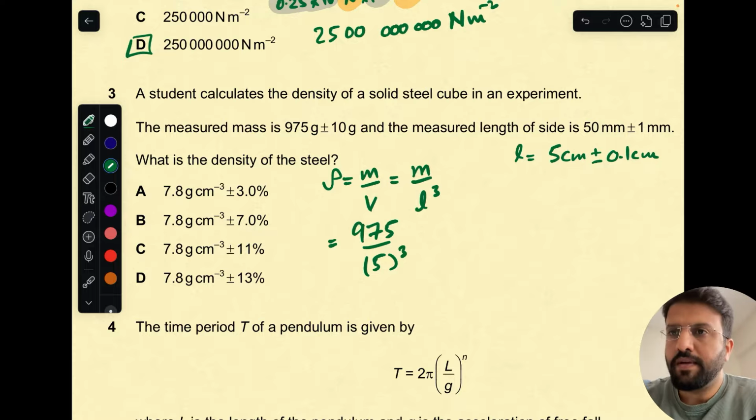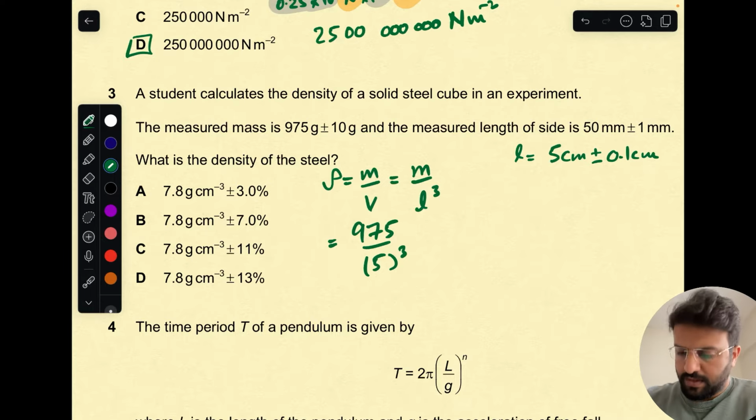So what we have, 975 divided by 5 cube. This will be 7.8. Okay, this is the density you have.